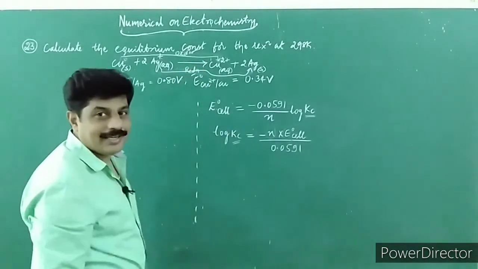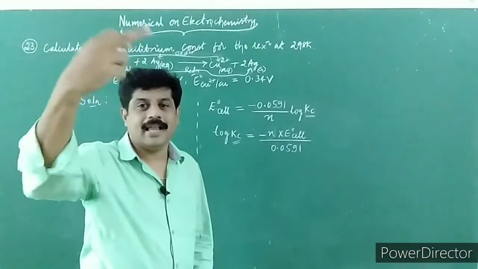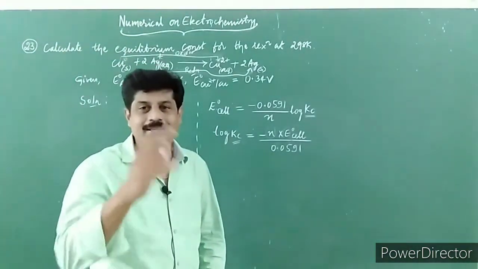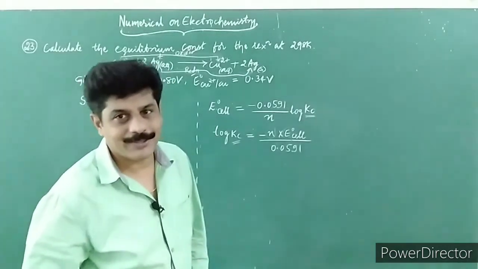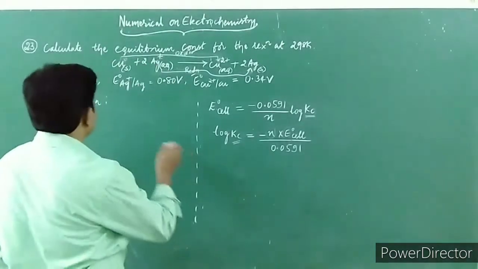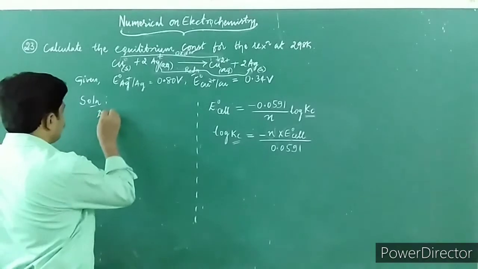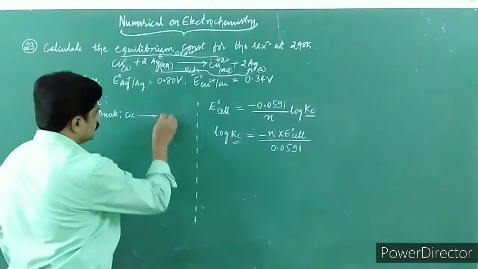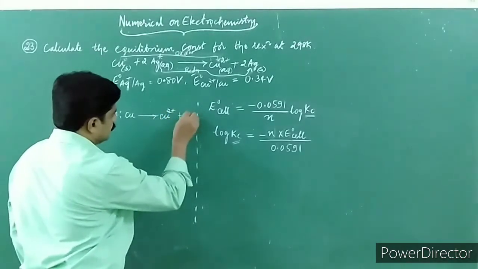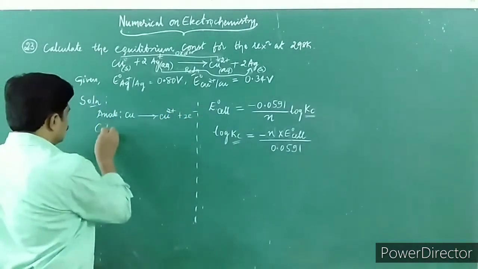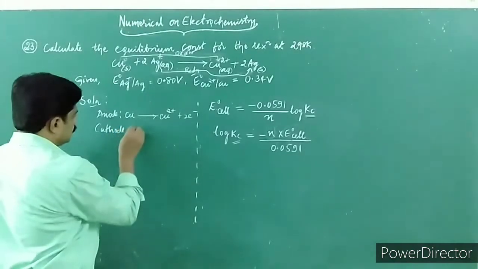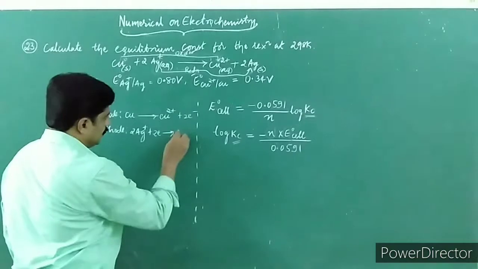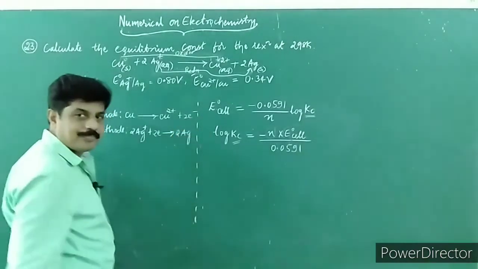Children, you know that oxidation takes place at the anode and reduction takes place at the cathode, is it not? Now let me write the anodic as well as cathodic reaction. Look here.